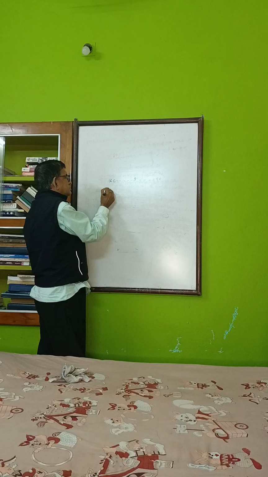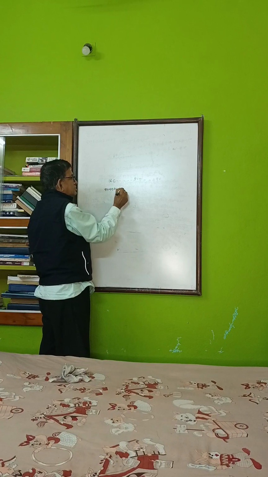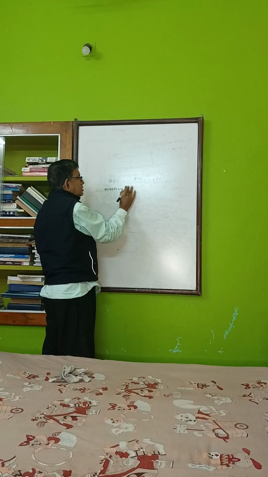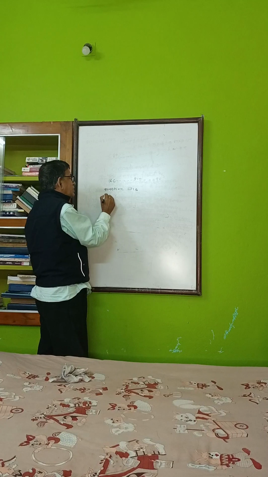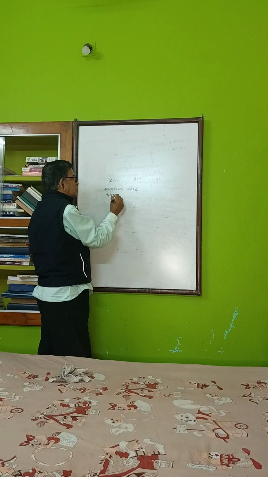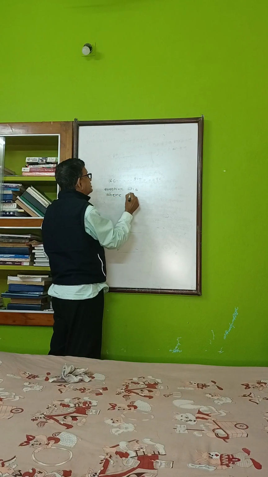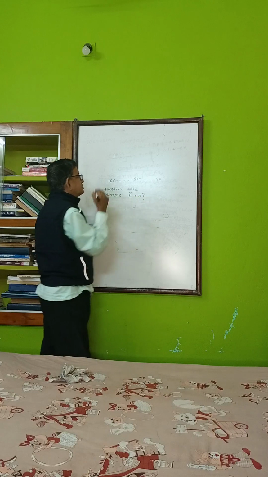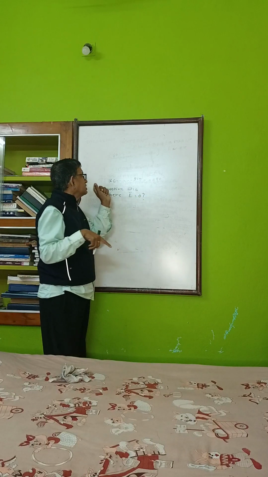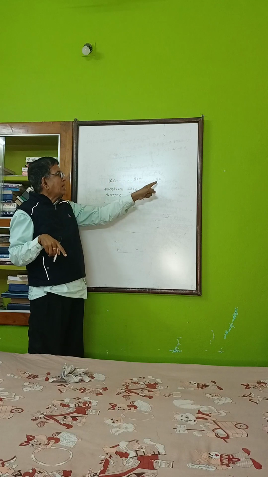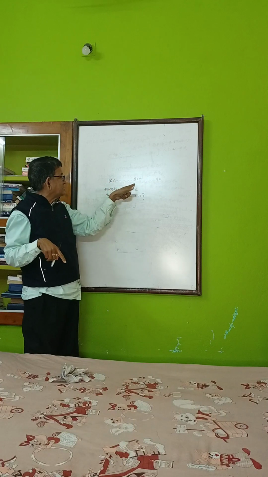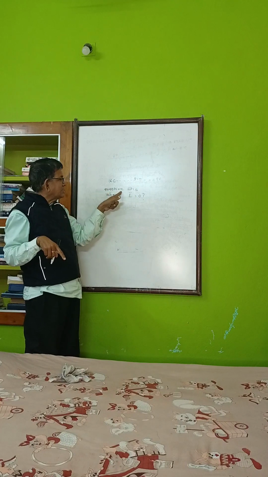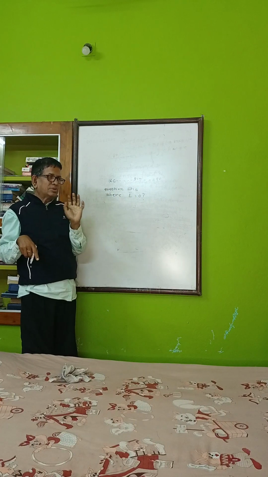The question is where the electric field is 0. Again I am telling, 16 Coulomb and minus 9 Coulomb, these two charges are separated by a distance of 8 centimeter. My question is where the electric field is 0.